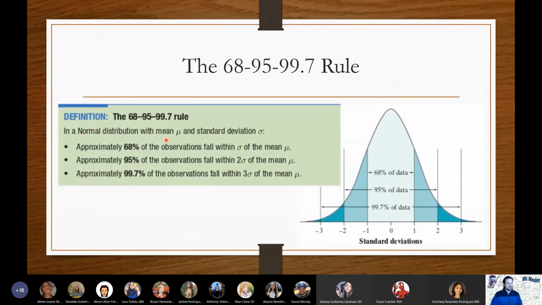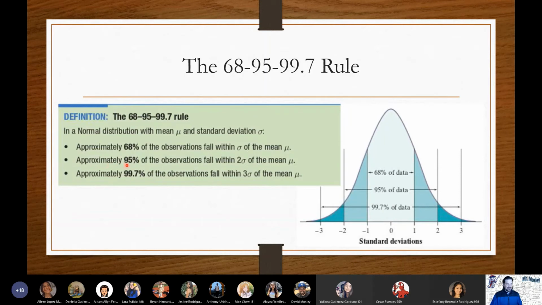In a normal distribution with mean mu and standard deviation sigma, approximately 68% of the observations fall within sigma of the mean. That means within one standard deviation, so one to the right and one to the left. So the middle section that is within one standard deviation here represents approximately 68% of the data in any normal distribution.